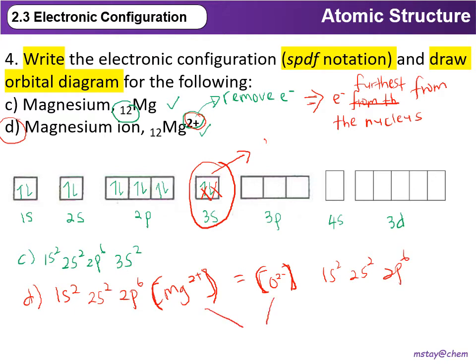Because the electron configuration for these two ions is the same, and the number of electrons is also the same, we can call these two isoelectronic species. Okay, we are going to continue E and F in the next slide.